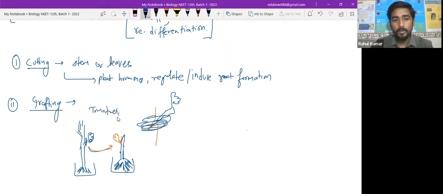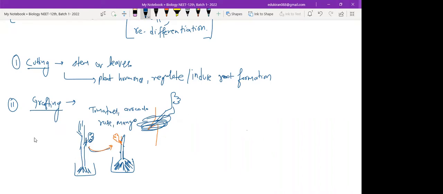Here you have tomatoes, avocado, rose. Even mango, hybrids of mango are done like this. Is it clear, everyone? Sir, what about pear? Yes, pear fruit.